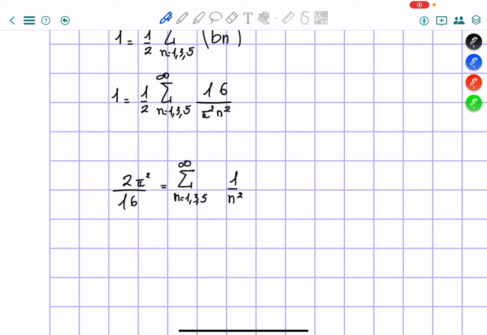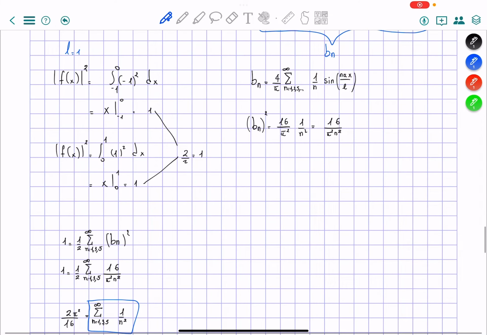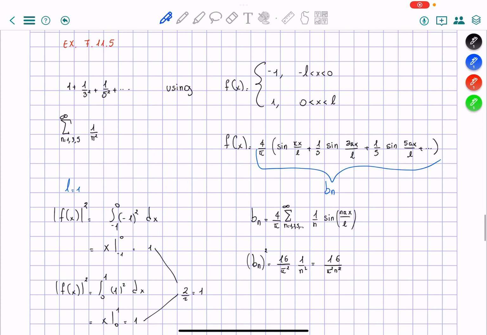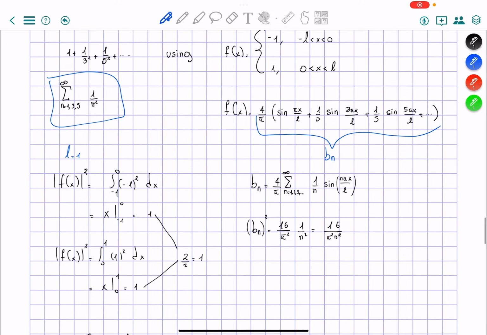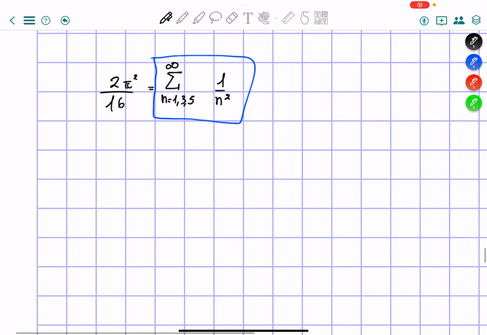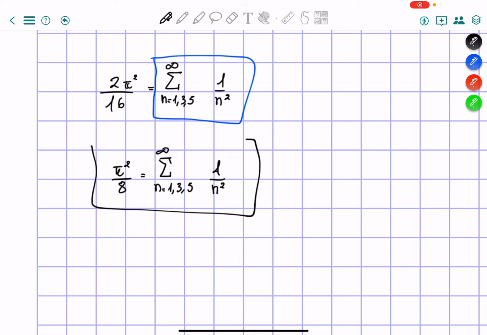And as you can see, this value over here is exactly what we were asked to find at the very beginning. So our final answer, let's solve it a little bit: pi to the power 2 over 8 is equal to the sum n equals 1, 3, 5 to infinity of 1 over n squared. And that is our final answer.